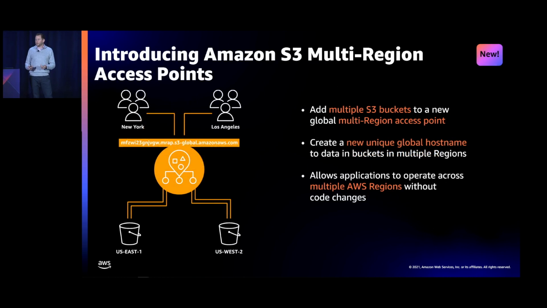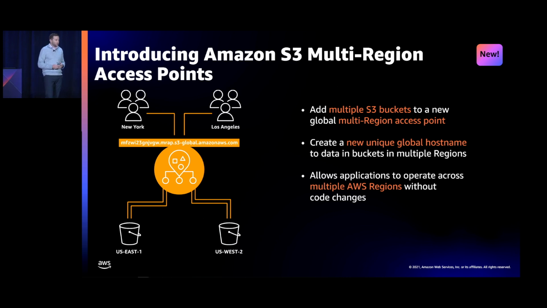And so to help customers that do need to build multi-region applications, we launched multi-region access points this past September. Multi-region access points provides a single endpoint that your application can talk to, and store multiple buckets in multiple regions around the globe. So when you do use multi-region access points, you can accelerate performance by up to 60% when you're storing data across multiple buckets around the globe.